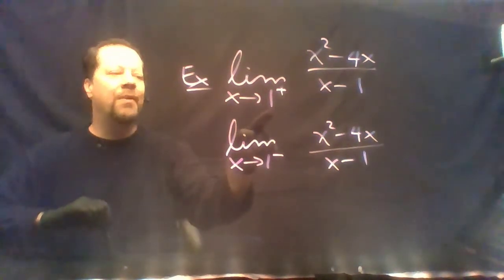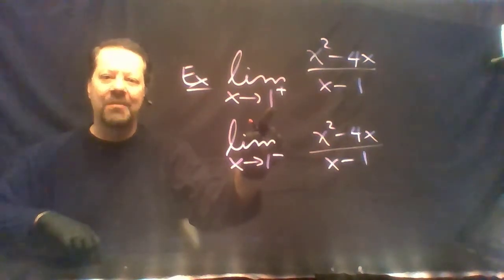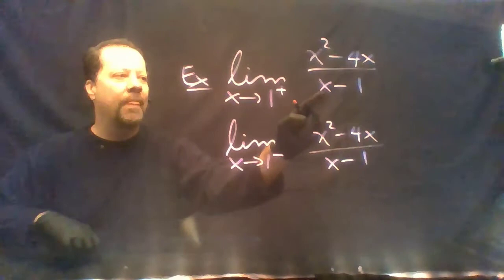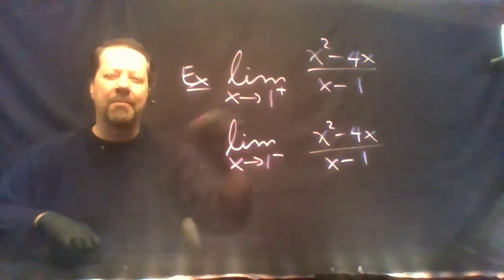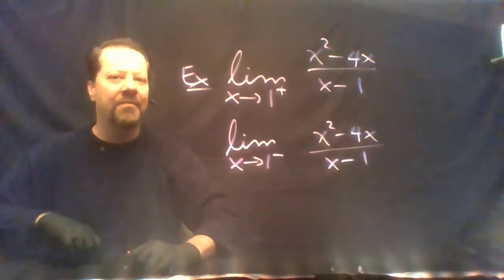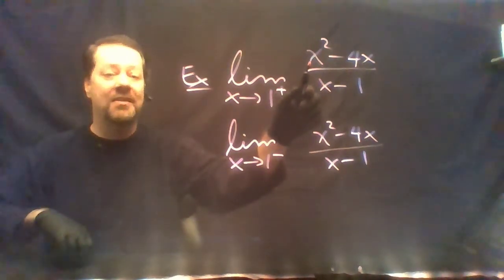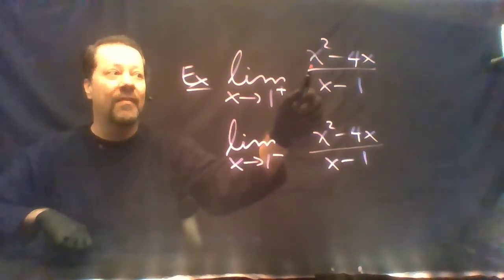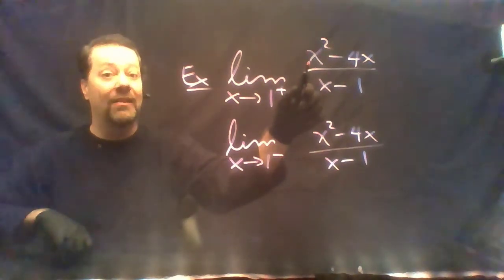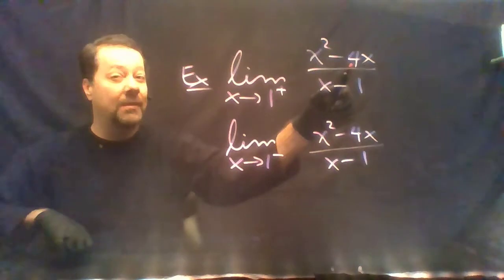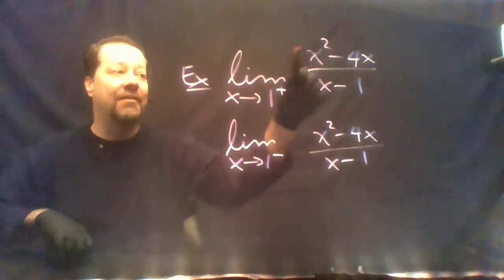As we go to 1 from the right, we're plugging in numbers just a tiny bit bigger than 1. 1 plus tiny. That makes the denominator a positive but tiny number. In the numerator, keep in mind that x is getting close to 1. 1 squared, or anything close to 1 squared, is still going to be close to 1, minus something close to 4, this is going to be negative.